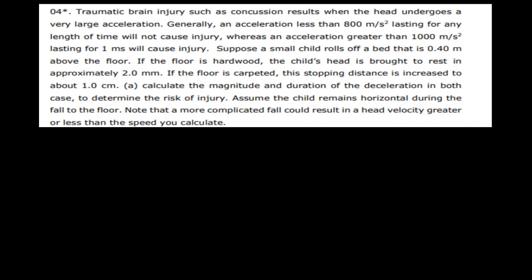Question number 4. Traumatic brain injury such as concussion results when the head undergoes a very large acceleration. Generally, an acceleration less than 800 meters per second squared lasting for any length of time will not cause injury, whereas an acceleration greater than 1000 meters per second squared lasting for 1 millisecond will cause injury. Suppose a small child rolls off a bed that is 0.4 meters above the floor.